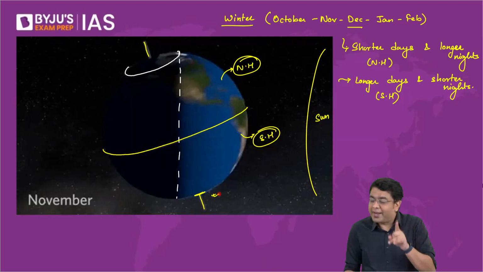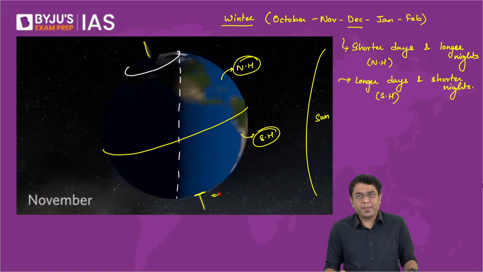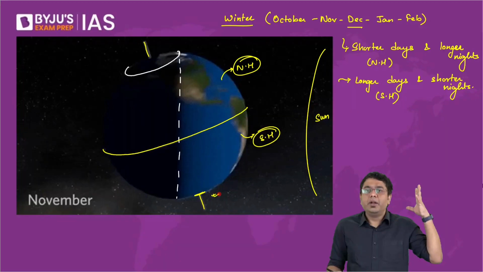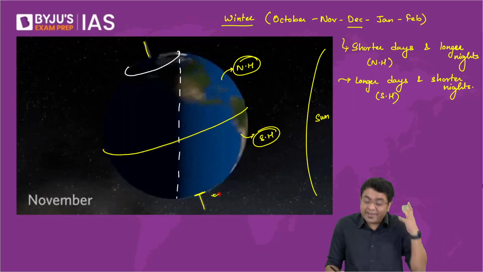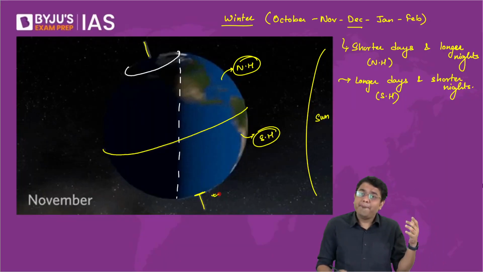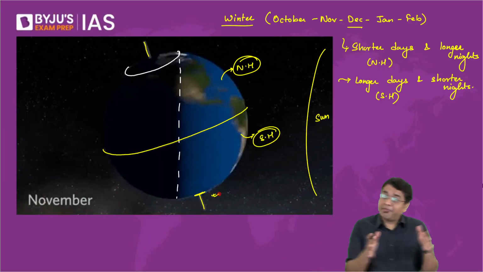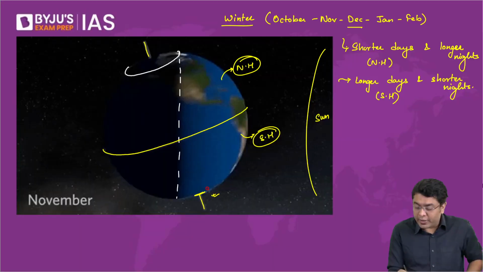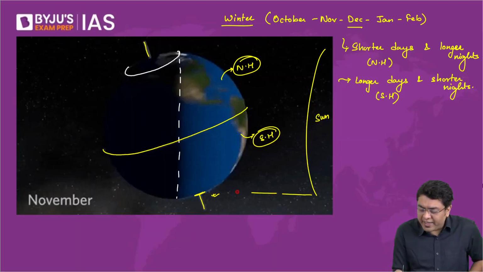So, that is why during these months, Antarctica will have daytime, consistent daytime. Why? Because it will have a tilt perpetually towards the sun, owing to the tilt of the planet.